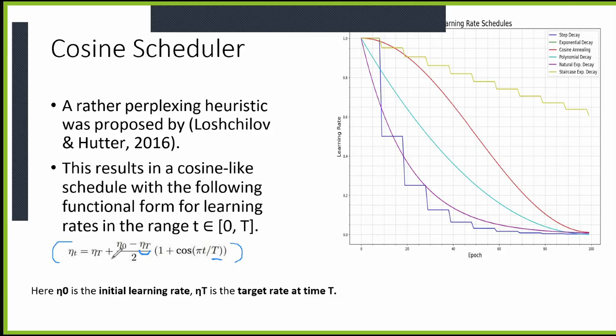If we interpret this formula using this plot, then the big T would correspond to epoch 100, because this is basically the end of this first half of the cosine wave. And the target learning rate, which we want to achieve in the end, would be 0, because at time big T, the learning rate is becoming 0.